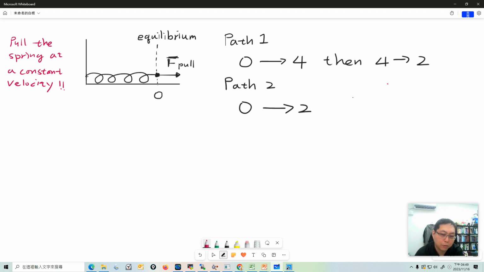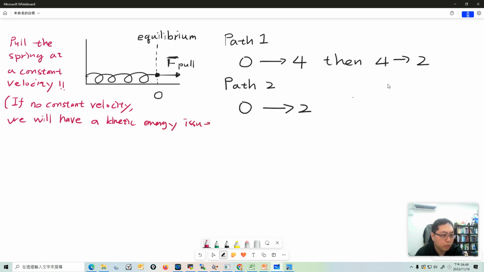The work-kinetic energy theorem tells us that if the velocity changes, the kinetic energy changes, and then we have to consider the kinetic energy as well.